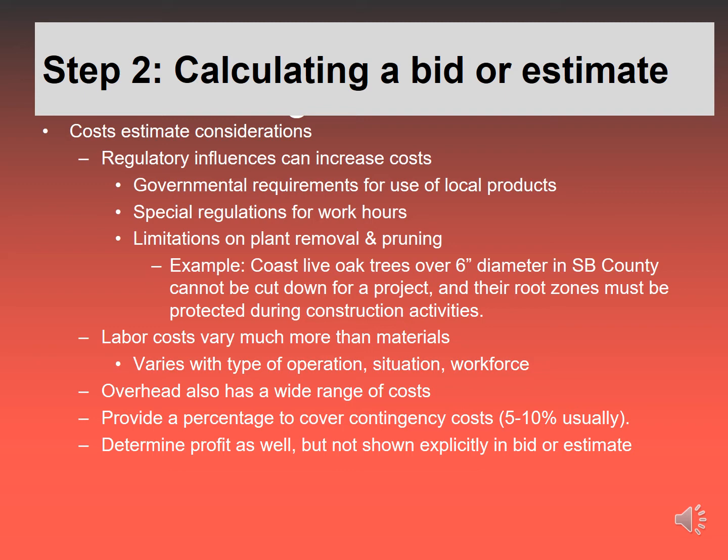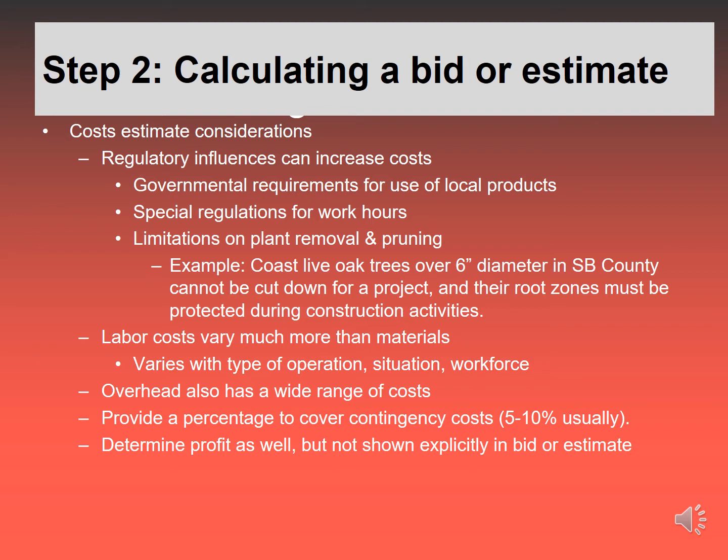The labor costs change for each particular job and place. If you start a landscaping company after you go through our program and you only work in Santa Barbara, you'll learn about all the requirements within Santa Barbara County and even the city that you have to go by, and that's all you need to learn pretty much. But if you start to venture out to a different county, a different state, you'll have different influences that you'll need to adjust your bids and estimates for.